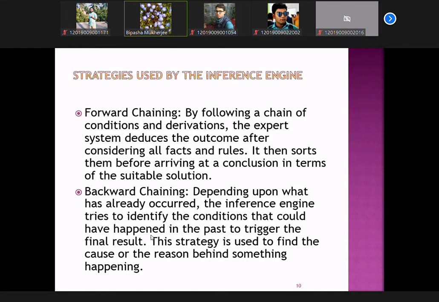Now, whenever they are preparing the knowledge base or searching from the knowledge base, they involve one thing. What they do basically is searching. Now, when they are searching, what is the requirement?